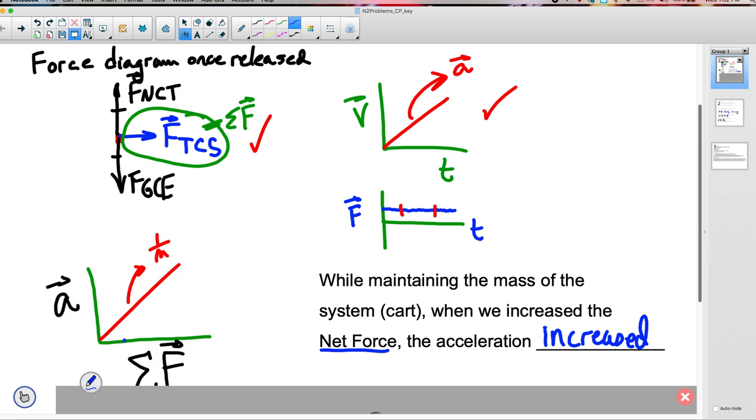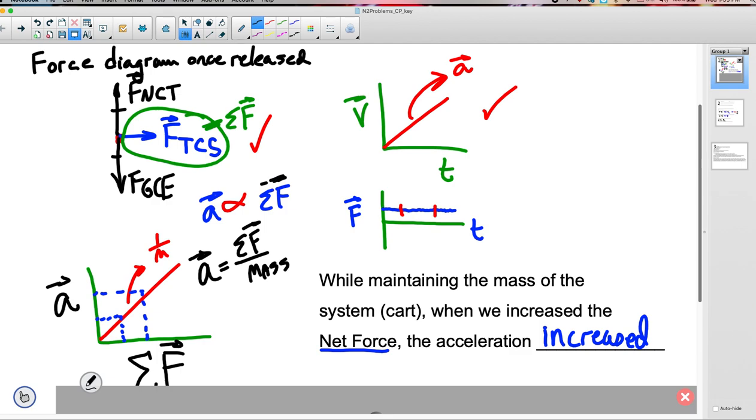If the net force was this amount, it would give us that acceleration, and if we doubled the net force to here, it would actually double the acceleration. So we could say, in general terms, that the acceleration and net force were directly proportional, or we came up with the equation that the acceleration was equal to the net force divided by the mass of the system.